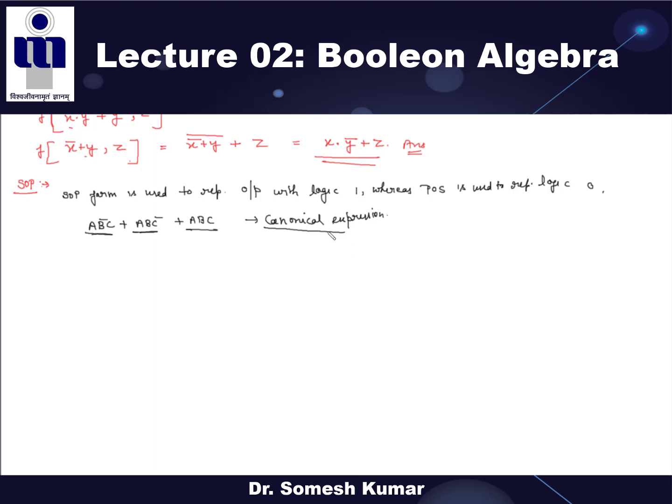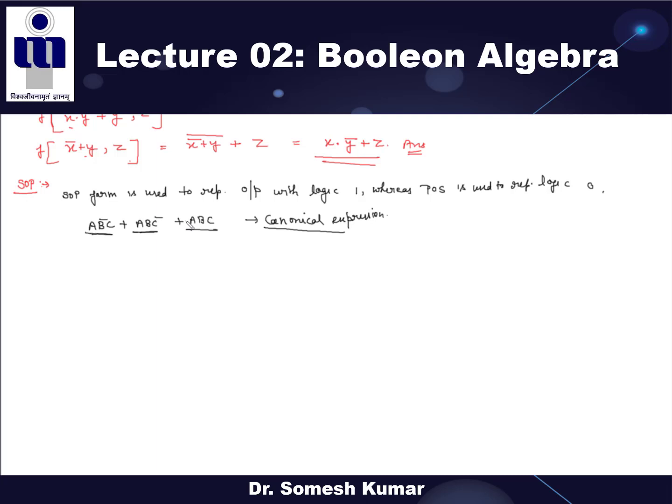Clear? See, this min term contains all three variables, and this one also contains all three variables. Canonical means the expanded form, not the minimized form. It can be minimized because it is the expanded form.